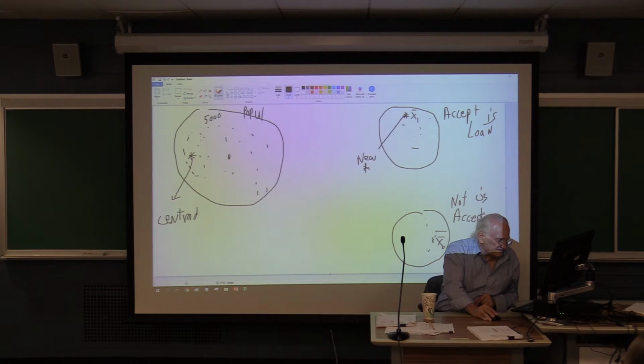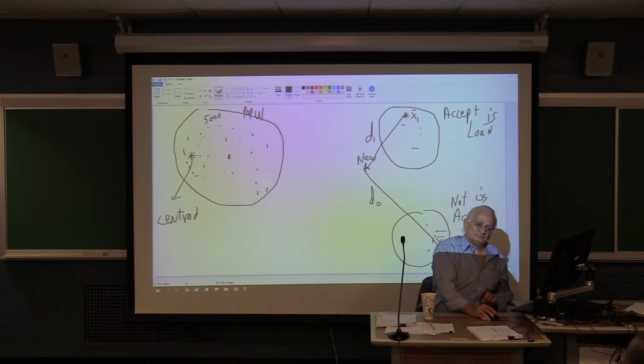You measure this distance, let's call this distance from class 1, and then you measure this distance from class 0. And you assign this to the nearest class. So this should be assigned to class 1. This is using the Euclidean distance.